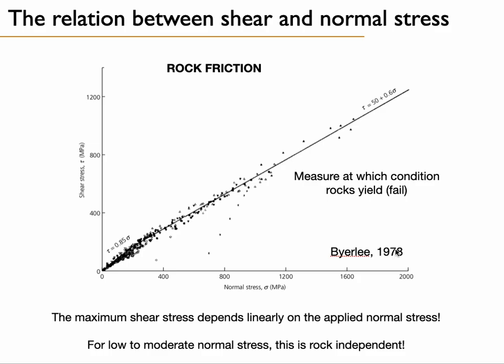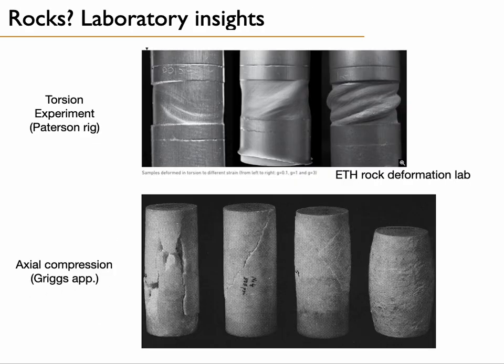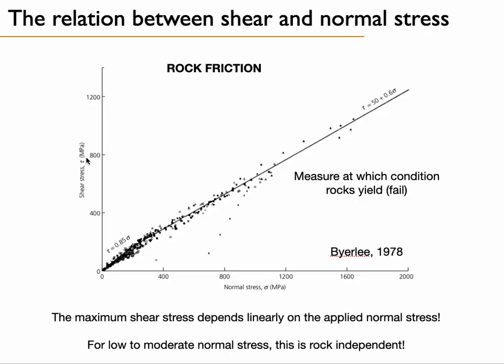And what the author did, he collected a lot of experimental data and he plotted together the measured shear stress versus normal stress applied to the experiment. So you can apply a normal stress to the sample, for example, to one of these rocks here, and measure at which shear stress the rocks will break apart, basically.